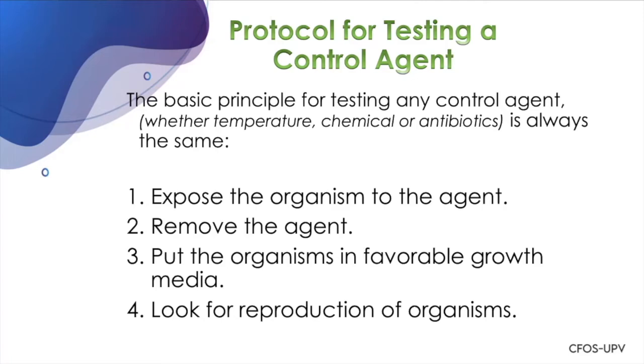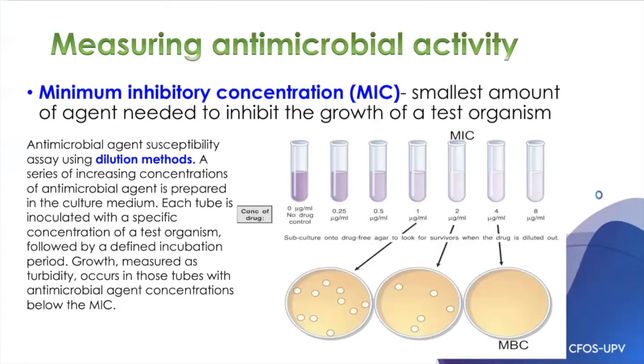If hindi siya nag-grow, ibig sabihin nun, effective na control agent yung ginamit mo na agent. Okay? How would you measure antimicrobial activity? So we use the MIC or the minimum inhibitory concentration. This is the smallest amount of agent needed to inhibit the growth of a test organism.